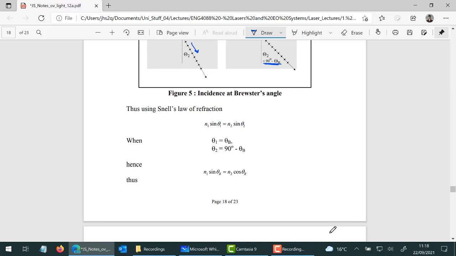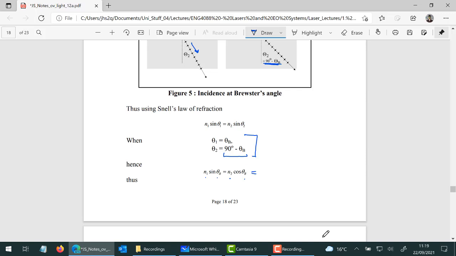So Brewster's angle is the angle at which only one polarization is reflected, and it's given by that relationship there: the incident angle is Brewster's angle and the transmitted angle is 90 degrees minus Brewster's angle. So N1 sine theta b is equal to N2 cos theta b.